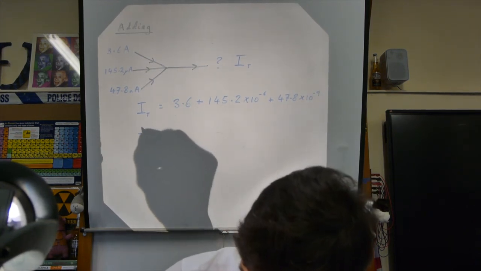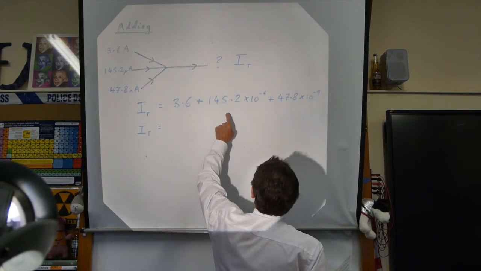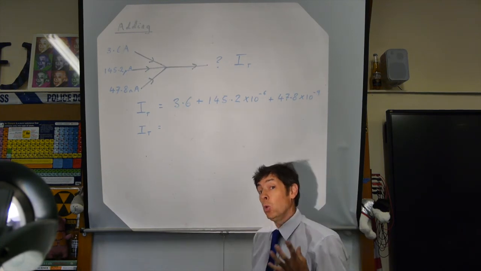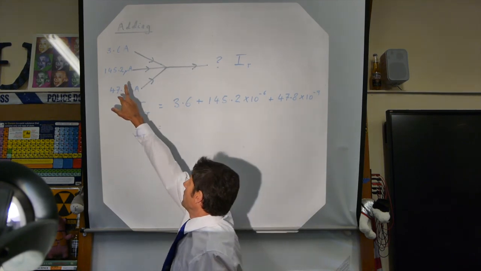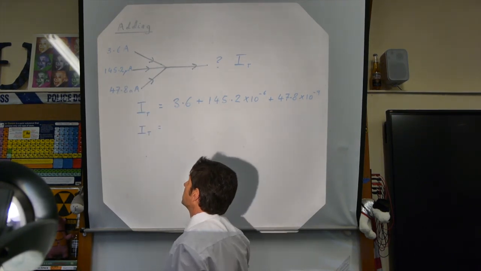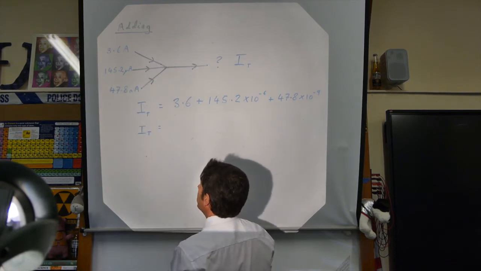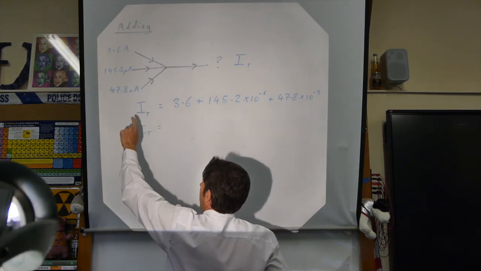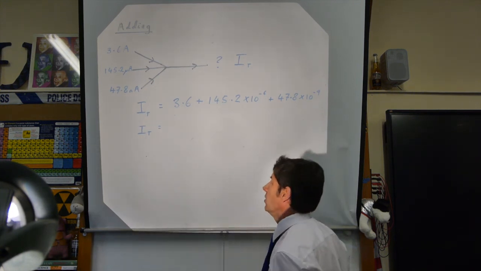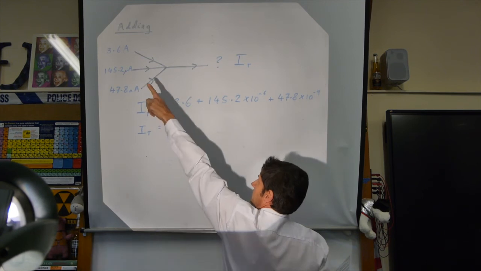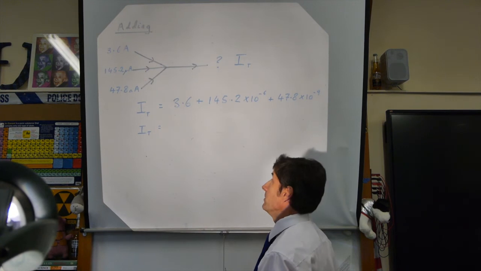So all you need to do is add all of those because they're all in amps. And you get good at this and you go, well, 145 microamps is pretty small, it's 0.145 milliamps, so it's a tiny number. 47.8 nanoamps is really, really tiny. So in fact, the answer is not going to be much bigger than 3.6 amps anyway.